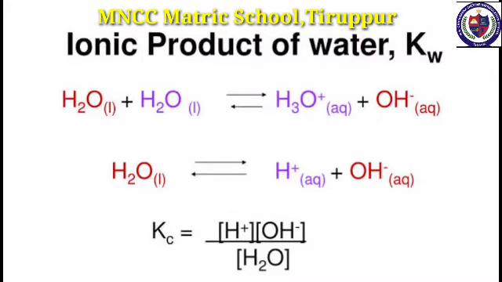In the process of ionization of water, a proton from one water molecule is transferred to another water molecule, leaving behind an OH⁻ ion. The product of the concentration of the hydronium ion and the hydroxyl ion is called the ionic product of water. It is denoted as Kw. Kw or Kc is equal to [H⁺][OH⁻] divided by [H2O].